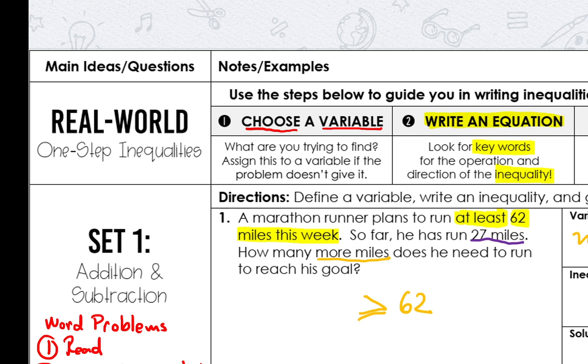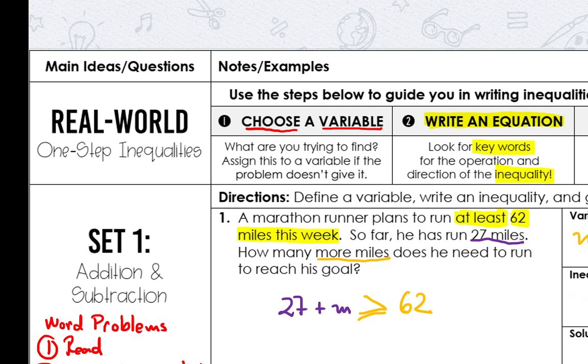How many more miles does he need to do? More miles means adding: 27 plus M. I have run 27 already, and to reach 62, I'm adding something, adding M.